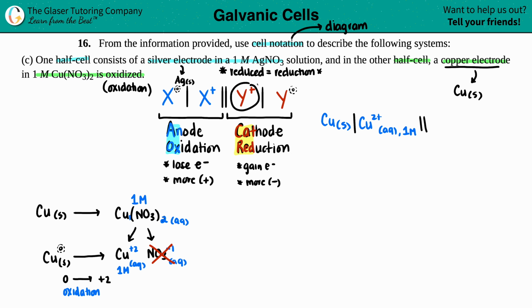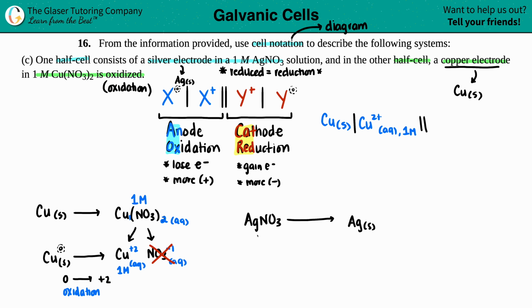It's the ion going into the standard state. So it's going to be the AgNO3 turning into the Ag solid, because Ag solid is always going to be a 0 charge. And the metal is going to be the cation, the positive, right?